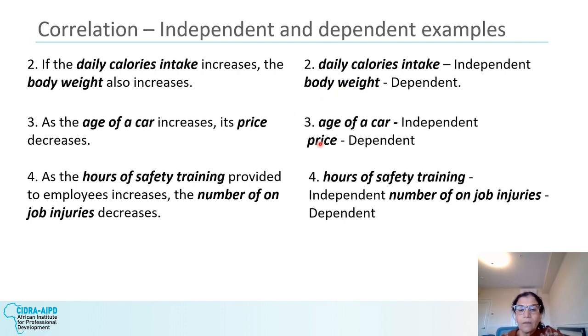Age of a car changes on its own. Price will depend on age of a car. So price is dependent. Company can decide how many hours of safety training to be provided. But the number of on-job injuries will depend on it. So that's the independent variable.